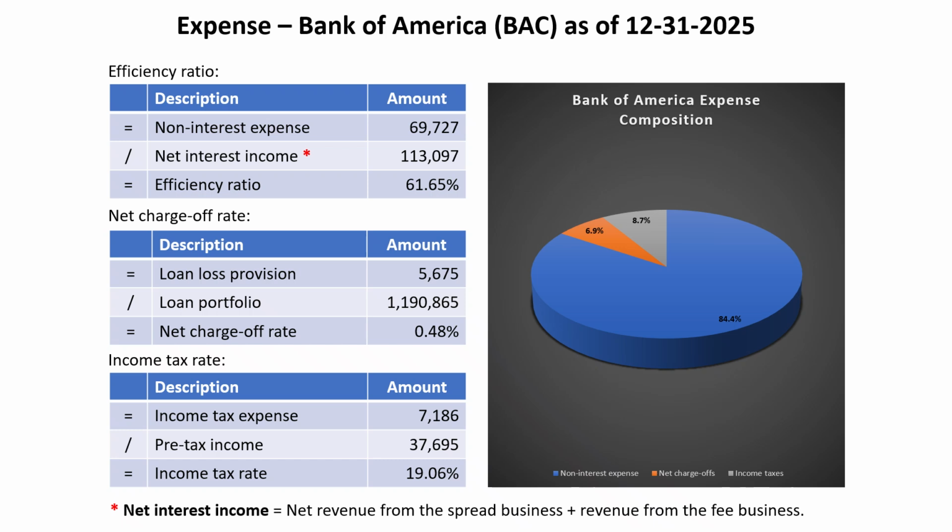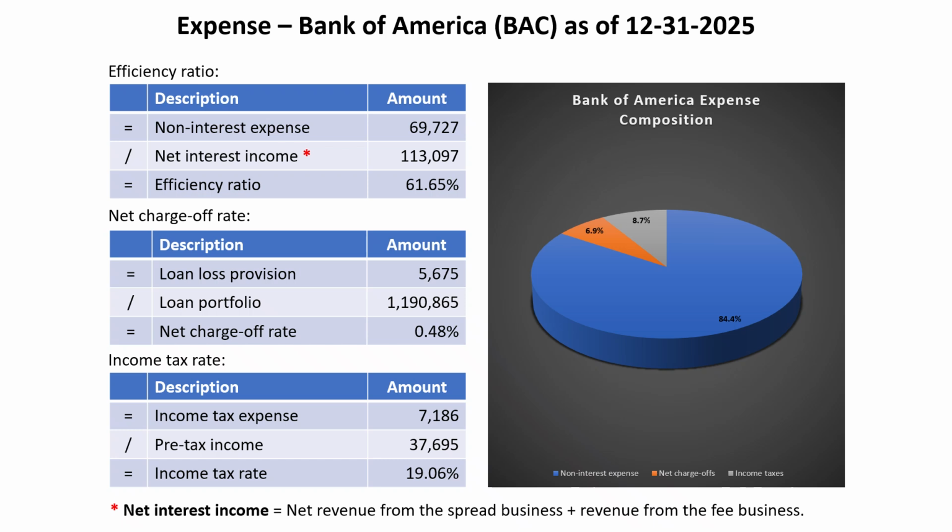And then the next item there is my income tax rate, which is easy to calculate. I take my income tax expense of 7186, and I divide that by my income before taxes of 37,695, which I can find both of those values on the financial statements in the previous slide. And the ratio there is about 19%.